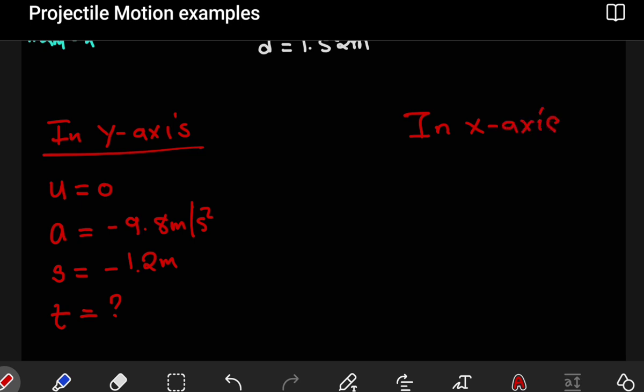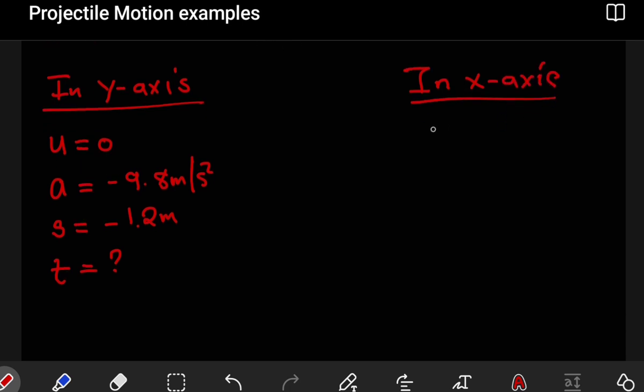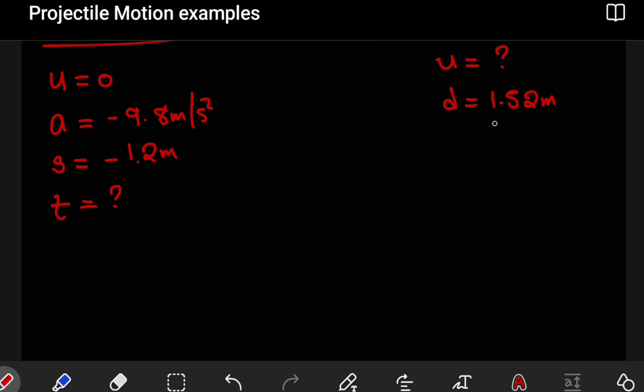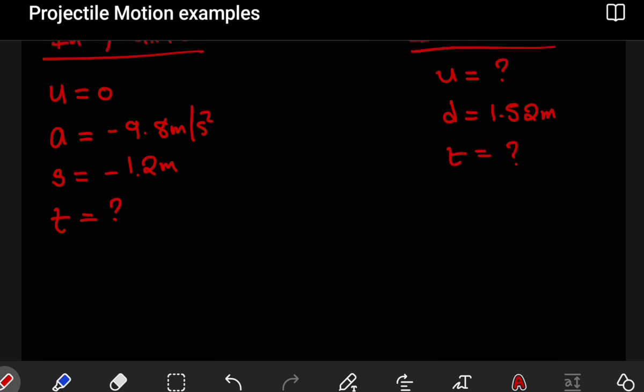It starts with an initial velocity u, which we don't know, but the acceleration is 0. It covers a distance d equal to 1.52 meters horizontally, and it takes some total time t that we also do not know.